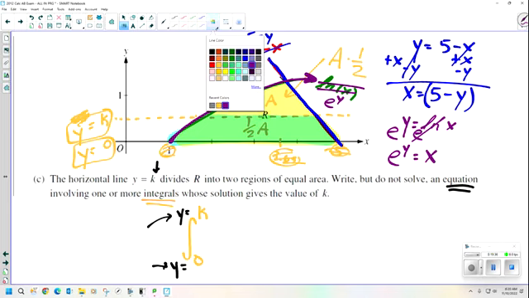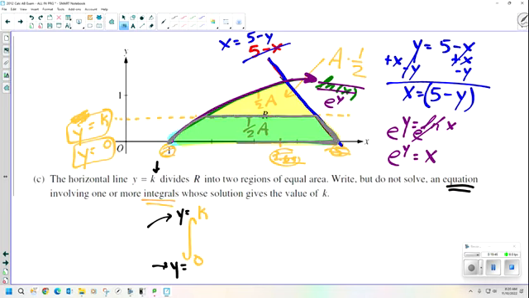All right. Now keep in mind, if I want the area of just this green, okay, and why am I doing that? Because I'm going to set my equation equal to half the area. I'm going to do the bigger minus the smaller. The bigger one is the one that's further away.